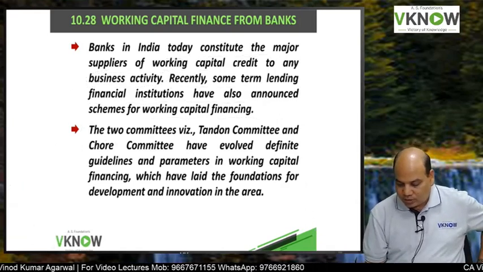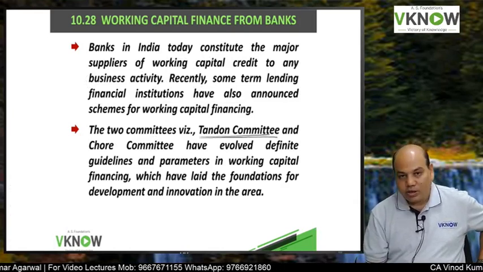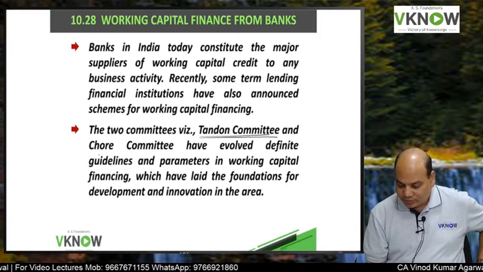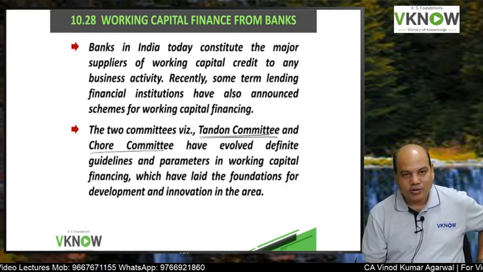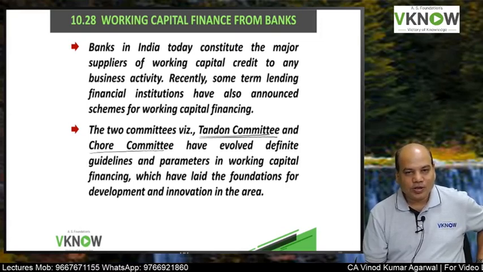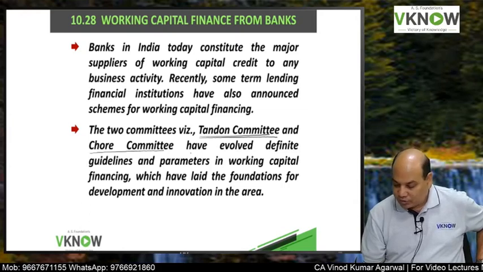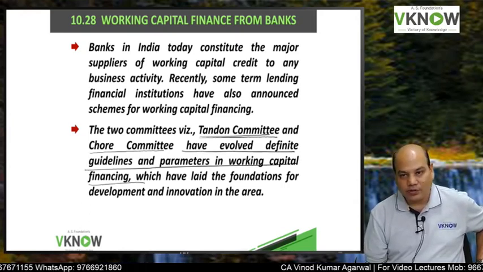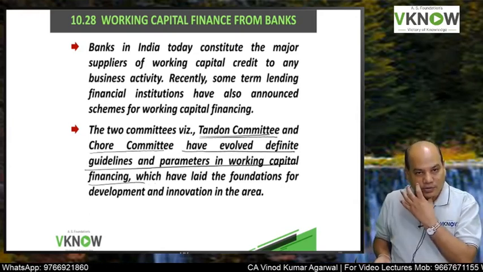Long back, maybe in the 1970s and 80s, the government had formed two committees called the Tandon Committee and the Chore Committee, named after the economists who were appointed to give suggestions to the government and evolve definite guidelines and parameters in working capital financing. They came out with a long list of recommendations.